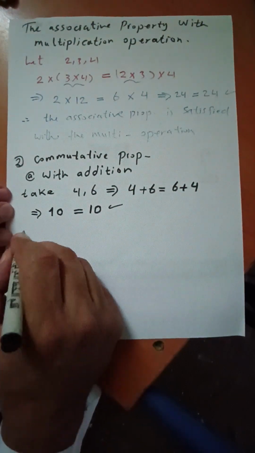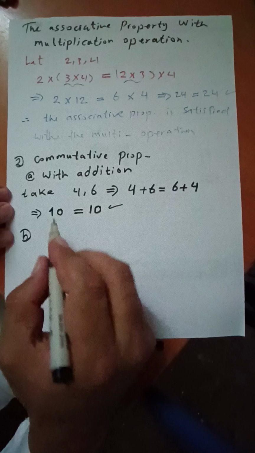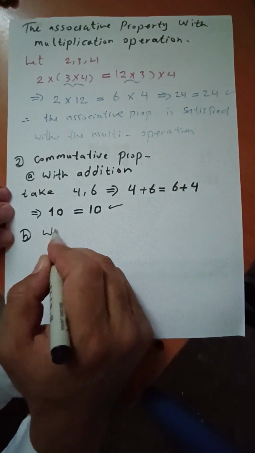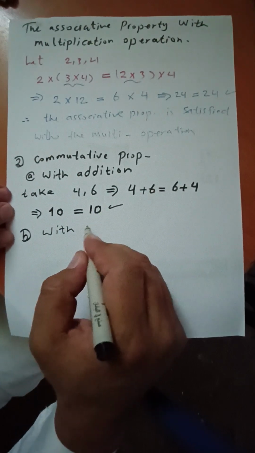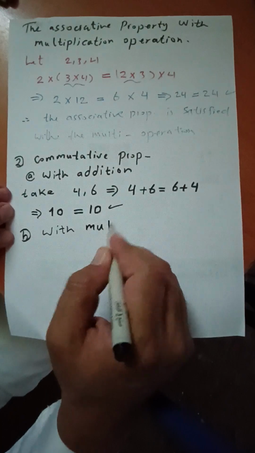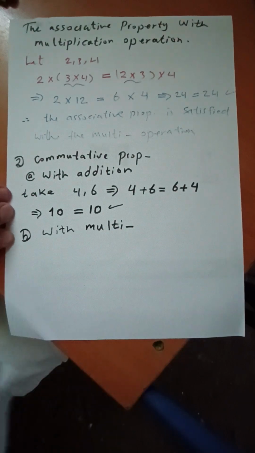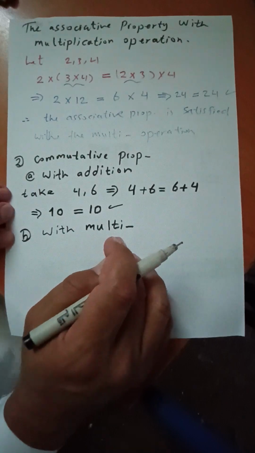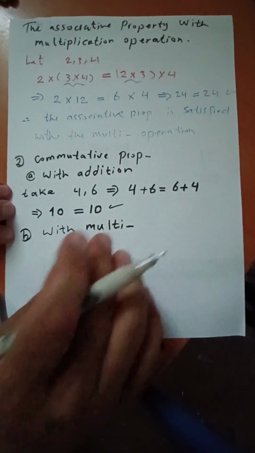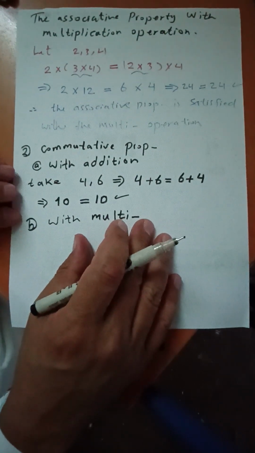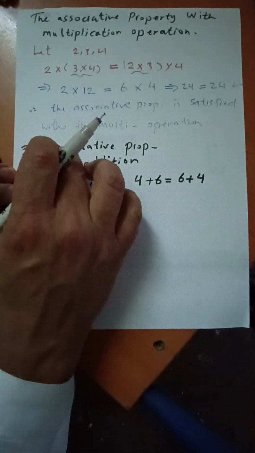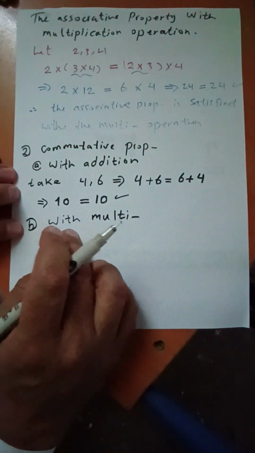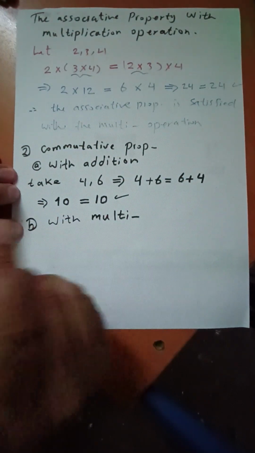Okay? B. Take the same numbers with multiplication. I will take this symbol, multiplication, and I will try to prove that the commutative property is satisfied with the multiplication.